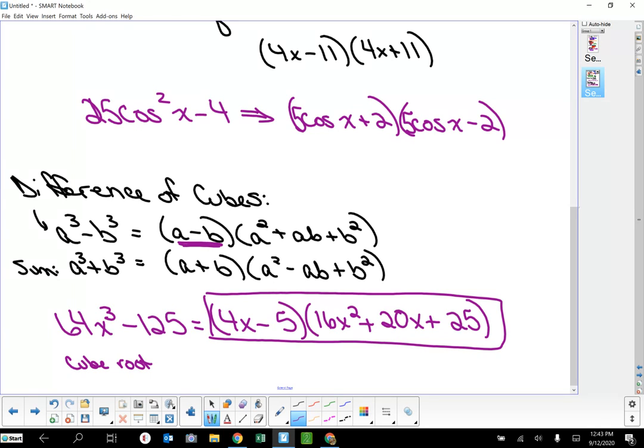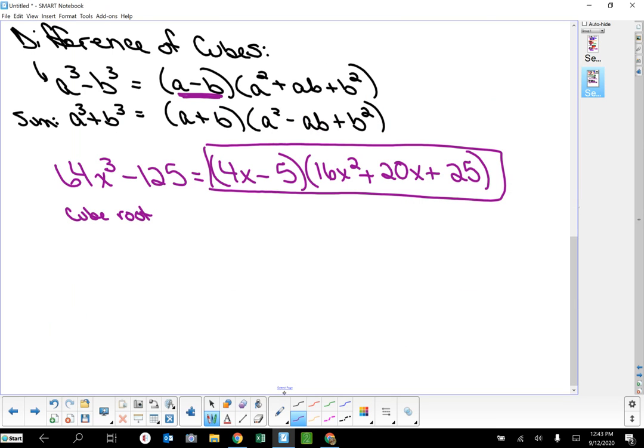All right, let's see what we would get if we had a trig function where we were going to do this. So let's say you were going to factor 8 tangent cubed x minus 27. Well, the cube root of 8 tangent cubed would be 2 tangent x, and the cube root of 27 would be 3.